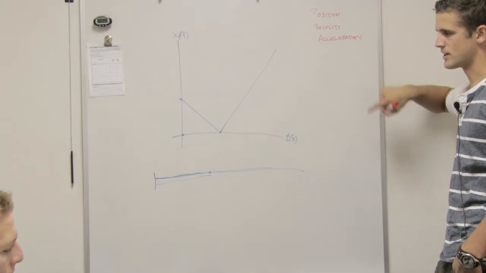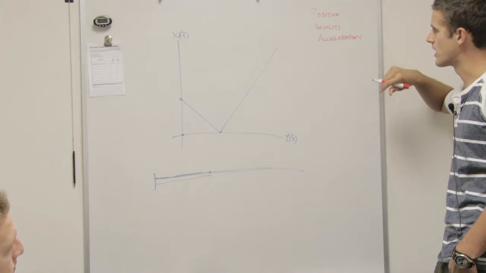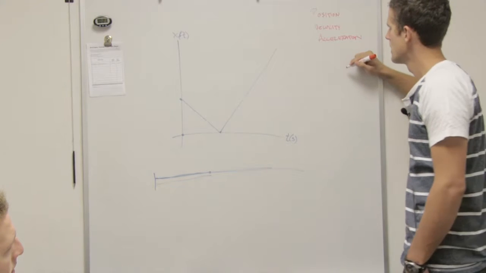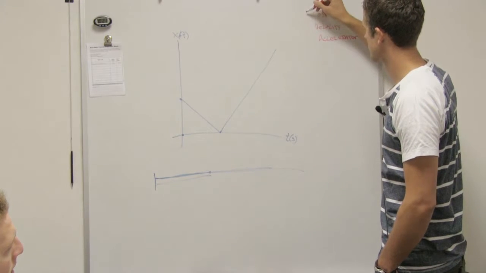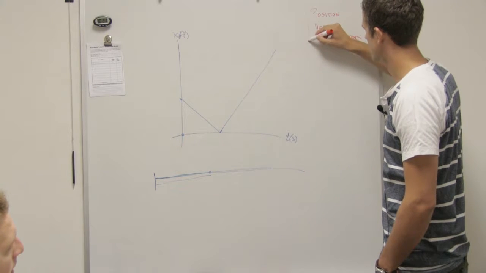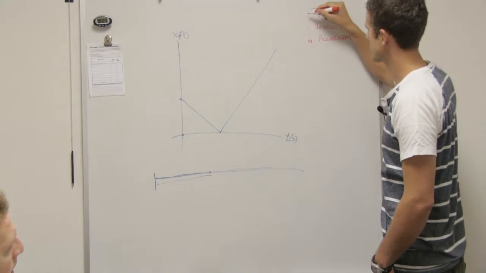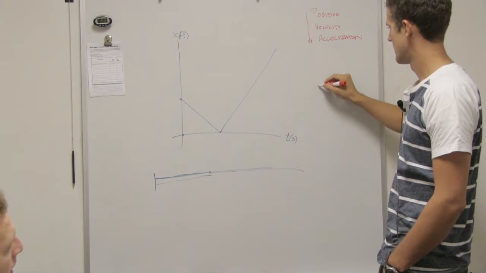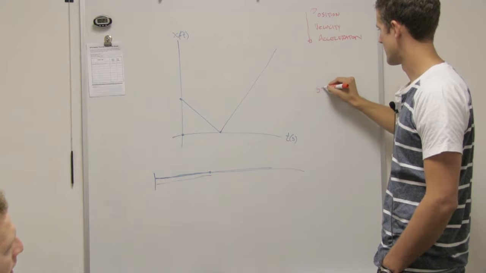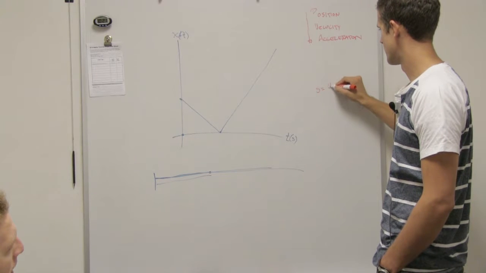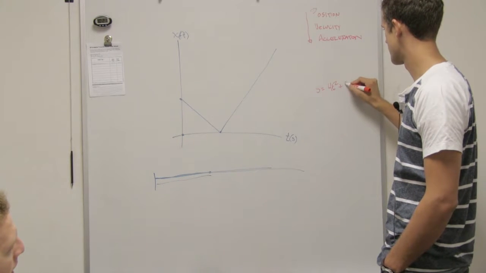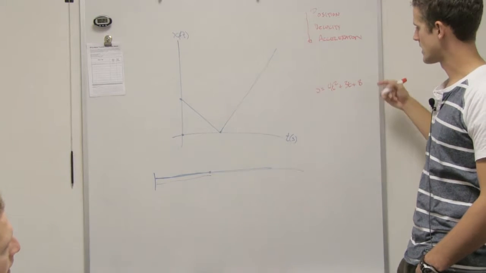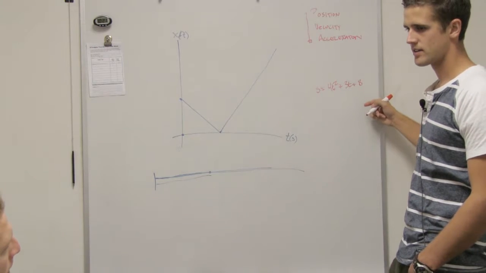Even when you get into 2-dimensional and circular motion, you're always talking about position, velocity, and acceleration. So if you were to go from position to velocity using calculus, say you're given a position equation of s equals 4t squared plus 3t plus 8, and you wanted to find the velocity from this, how do you think you'd do it?